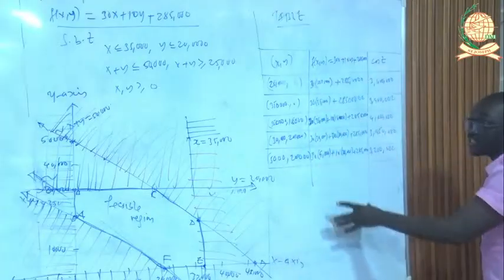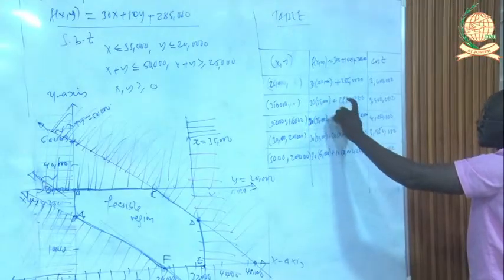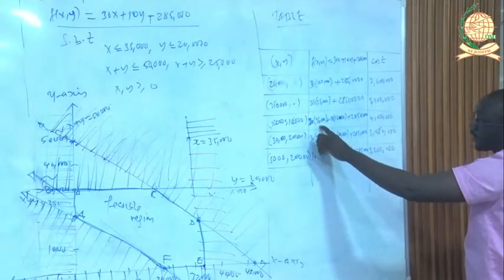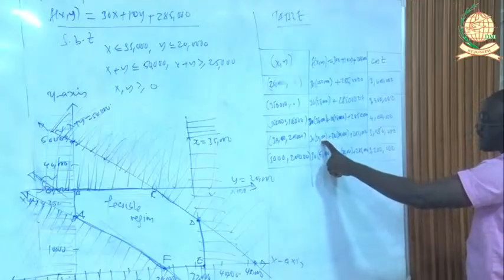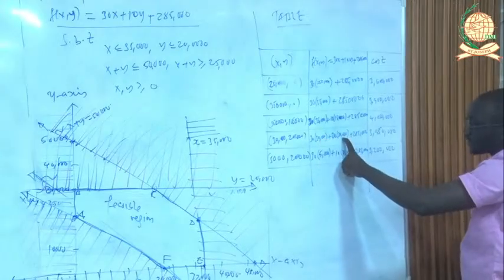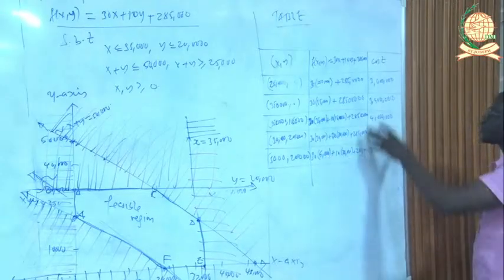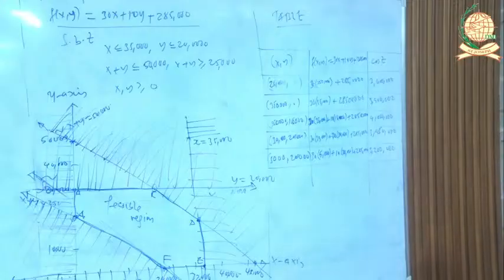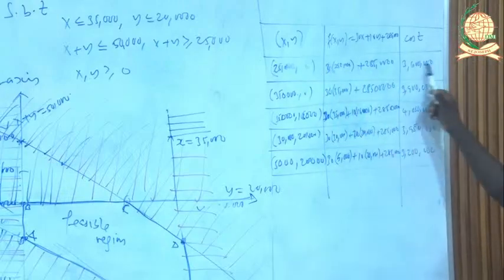This is 30 times x, y is 0; 35x, 15y; 30,000 x, 20,000 y; 5,000 x, 20,000 y. Then you get the output. Our question asked what the minimum cost in this delivery could be. So these are the possibilities.